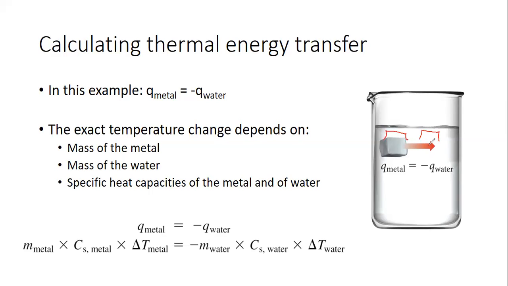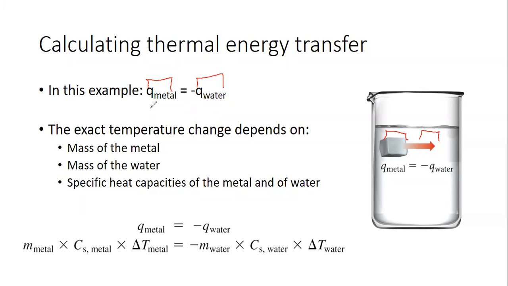Let's say this is perfectly insulated. That is, I don't lose any energy to the outside environment. Since this is an isolated system, any heat gained or lost by my metal had to come from the water.